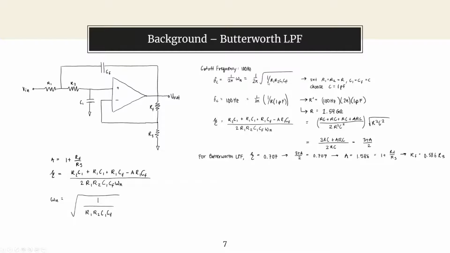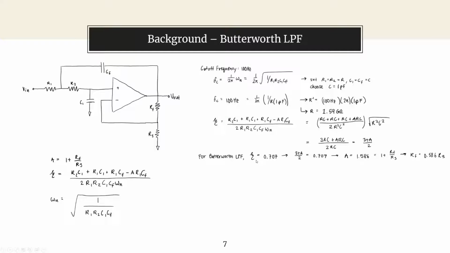And as you can see, for a very low cutoff frequency of 100 Hertz and a very low capacitance, the resistance is required to be very big at 1.59 gigaohms, which would be pretty unfeasible using traditional resistors due to just the sheer area that a 1.59 gigaohm resistor would take up. But this is the advantage of using a switch capacitor circuit, which allows a large resistance to be modeled.